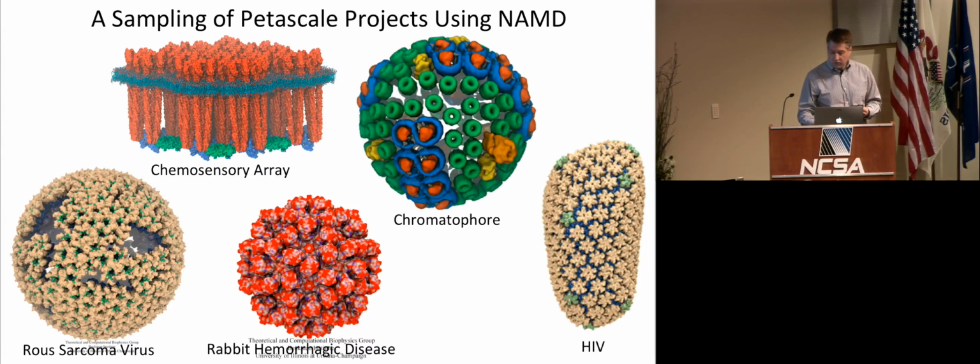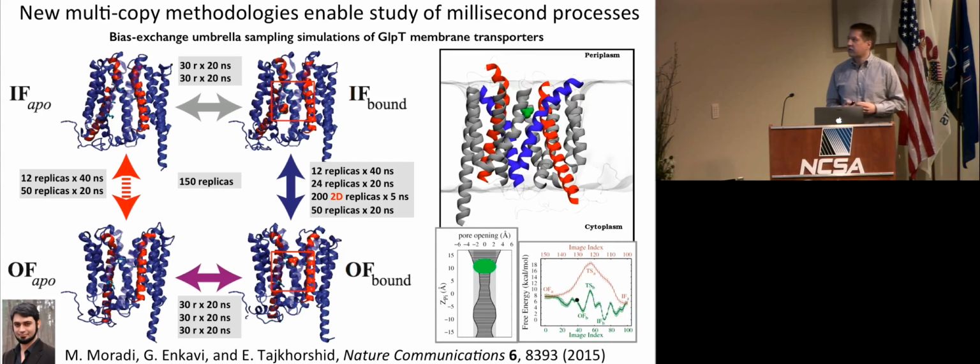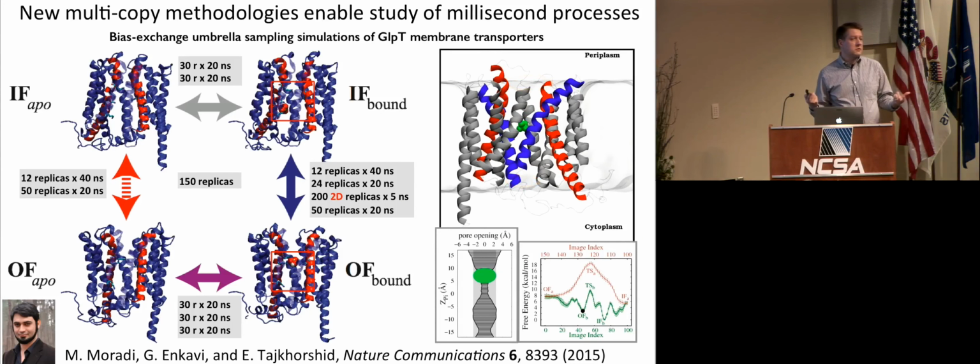But we don't only do these very large-scale structures. There's really been a renaissance over the past few years in using multiple copy methods. So if you've seen the partitions feature in Charm++, also referred to as replicas, and wondered what that's for, this is what it's for.